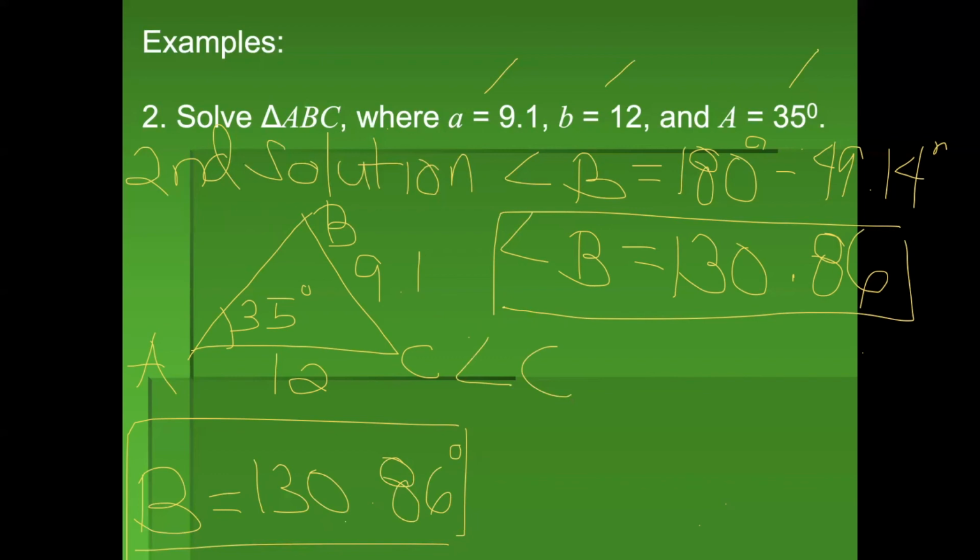Again, to solve for angle C, that is just 180 minus 35 plus 130.86.